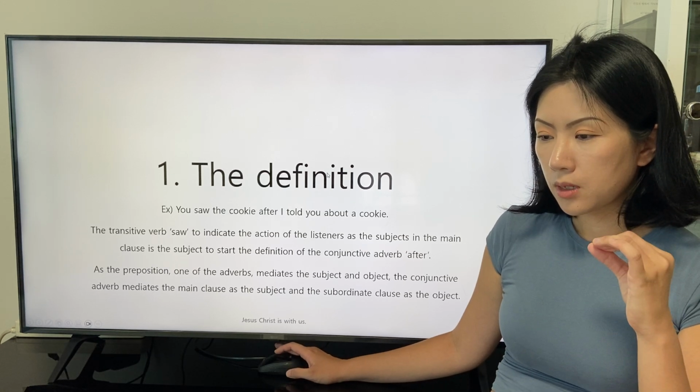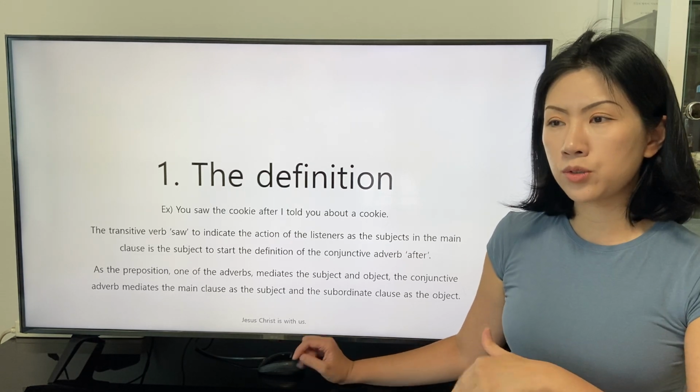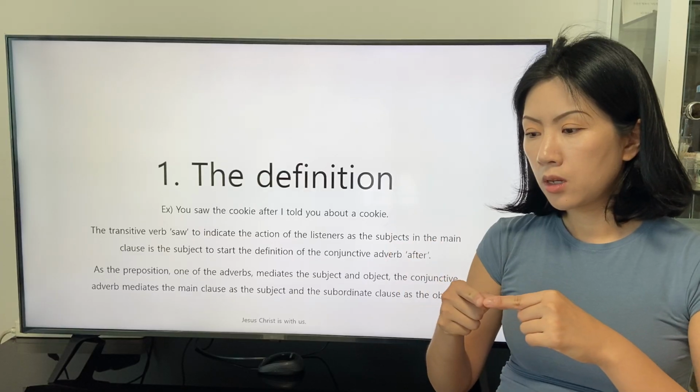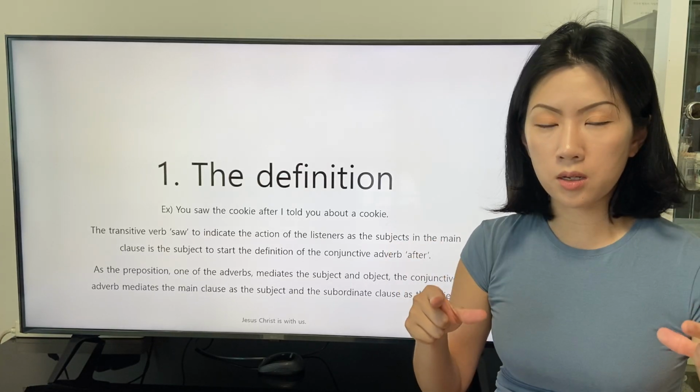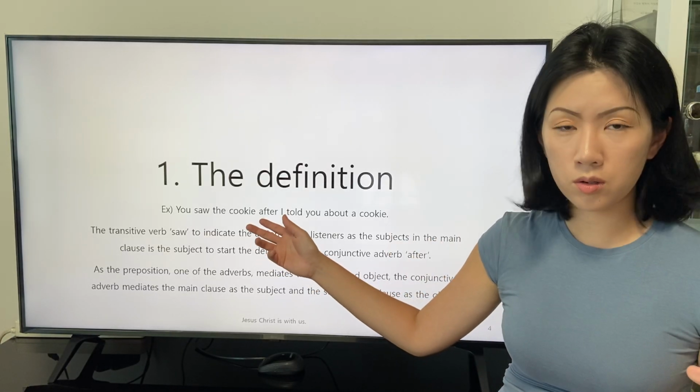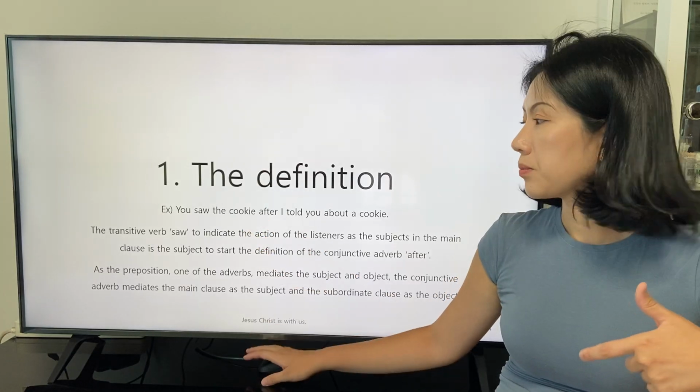This is the way to identify the subject of the conjunctive adverb.